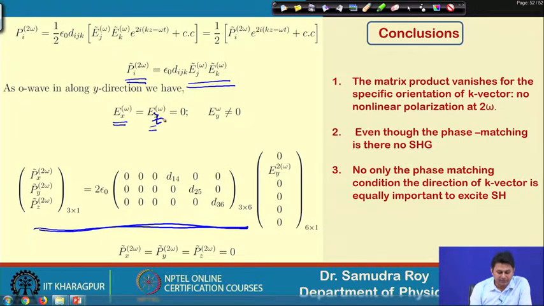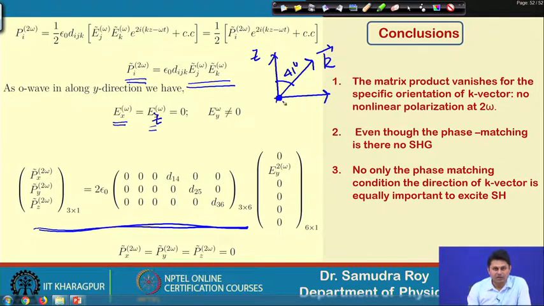So, the electric field is only along the y direction, because if you remember the previous slide, k is along this direction, this is our k vector making an angle of 41 degrees, this is the optic axis z. In order to have the second harmonic, my fundamental wave has to be an ordinary wave.